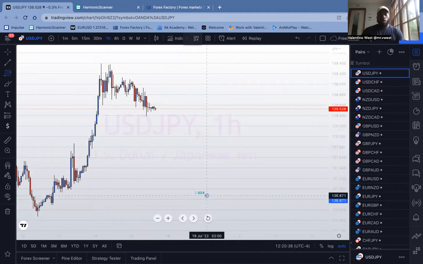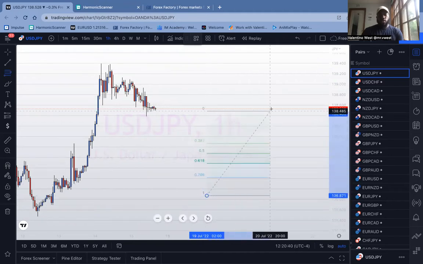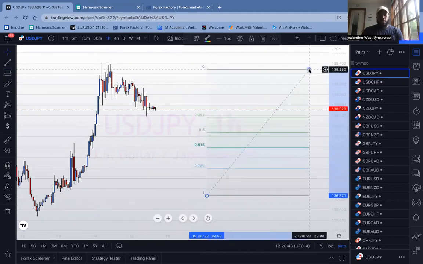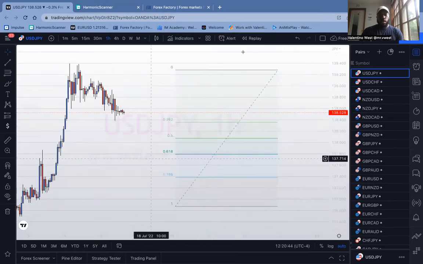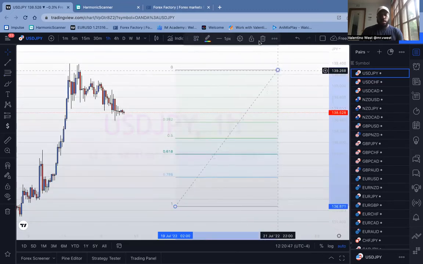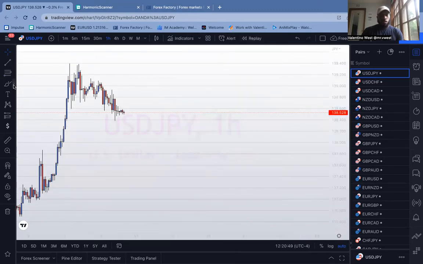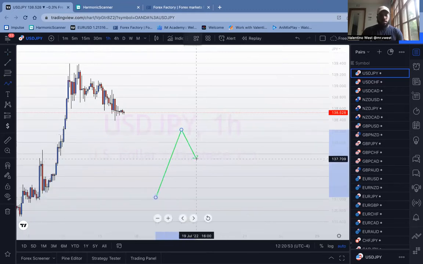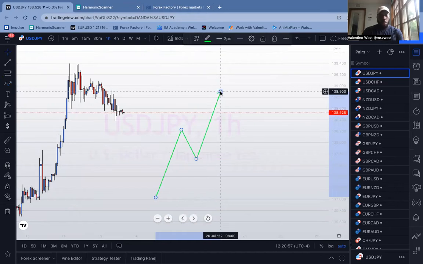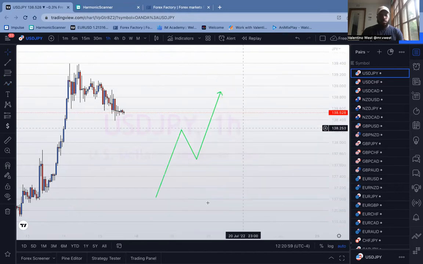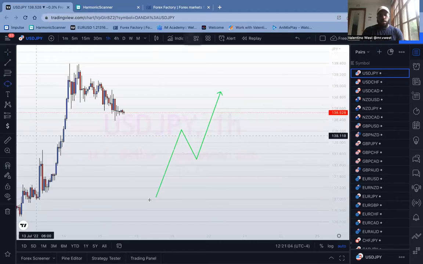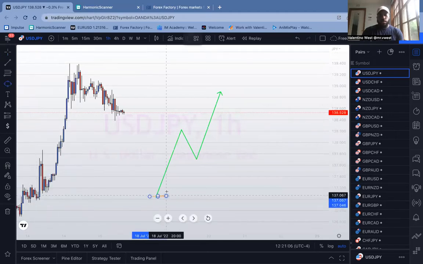So what the Fibonacci does, as you learned, is when we are in an uptrend, I'll do it like this. When we are in an uptrend, like this, what we want to see is we're going to measure the low point here and then a high point.